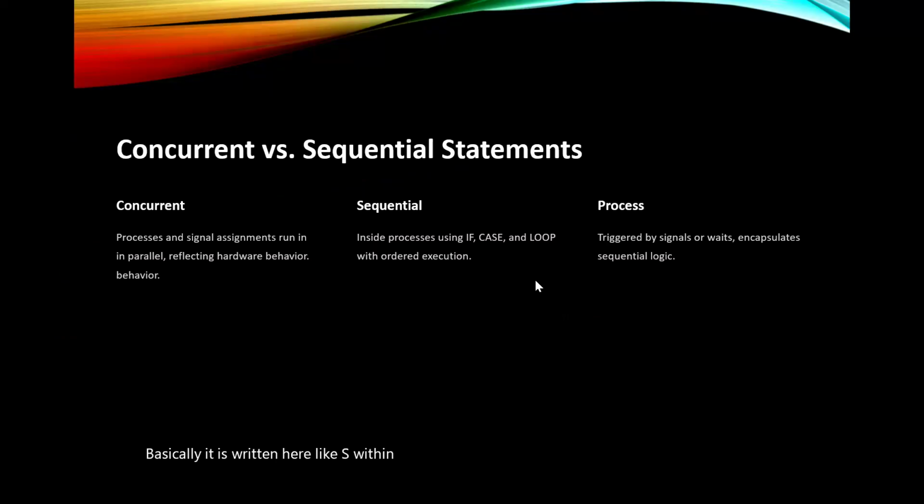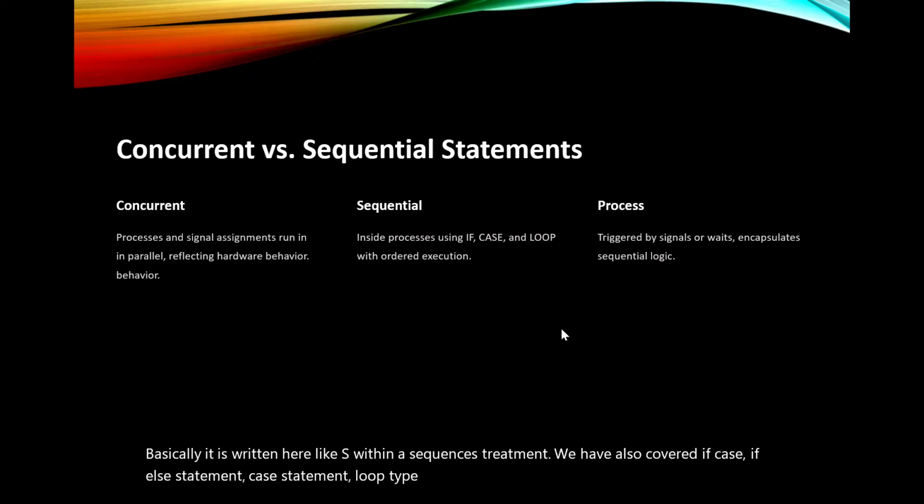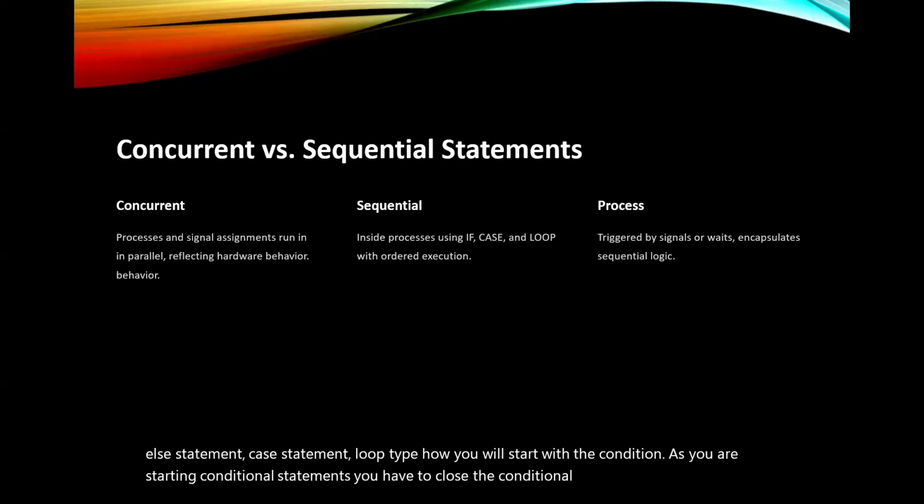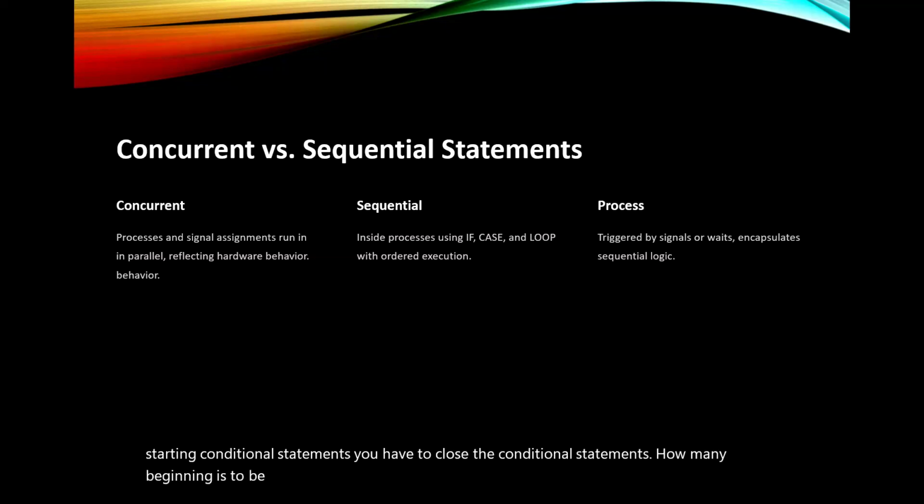We have also covered the if-else statement, case statement, loop types, how you start the if-else condition. As you start conditional statements, you have to close the conditional statements. How many begin are to be written was discussed yesterday.